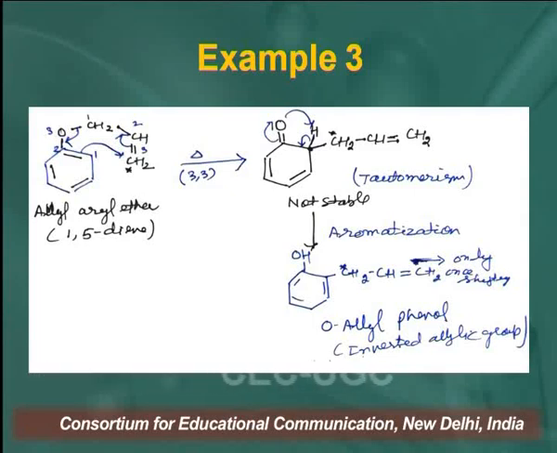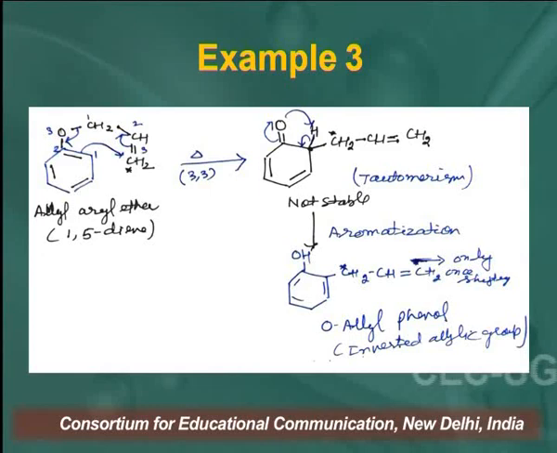So aromatization takes place. This is called aromatization. So learner, always remember, to get stability, aromatization, the regaining of aromaticity in the ring, takes place, right? So here we get an ortho-allyl phenol.